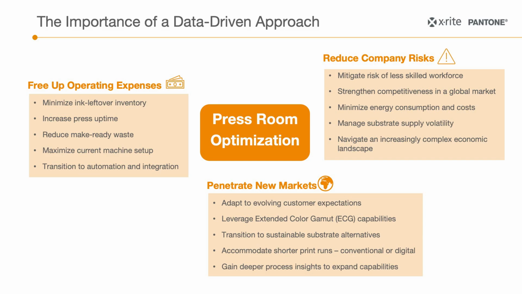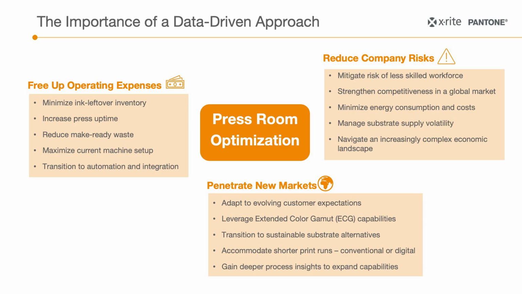You will reduce your make-ready time. You will understand your machinery better, your existing printing presses better, so you know better what you can promise to your customers or not. And it also helps you to transition more to automation and integration when you have less skilled employees or when production time is under pressure, then you need more optimization and more automation and more integration.